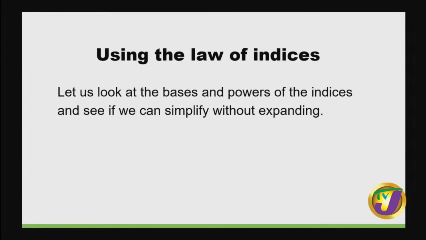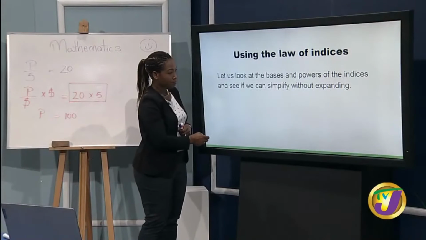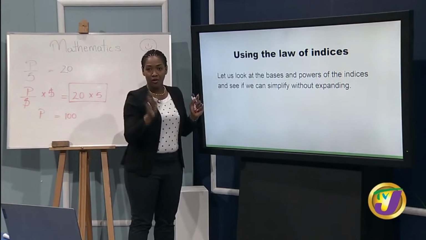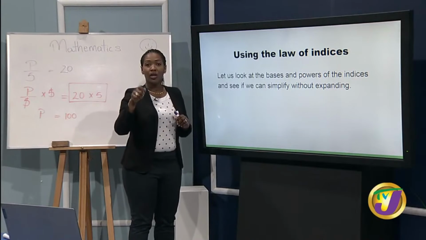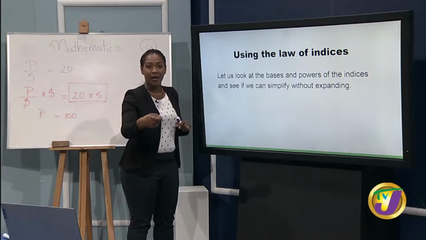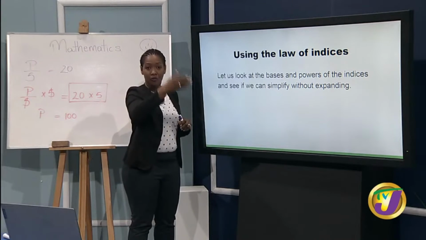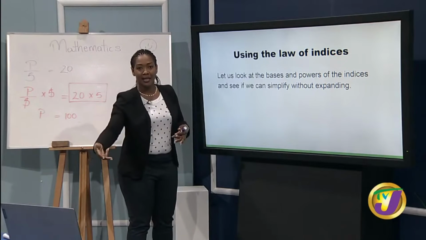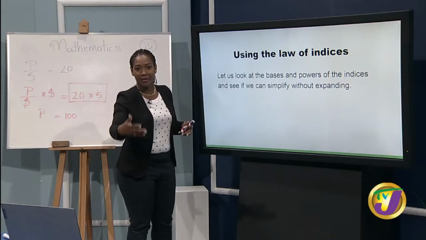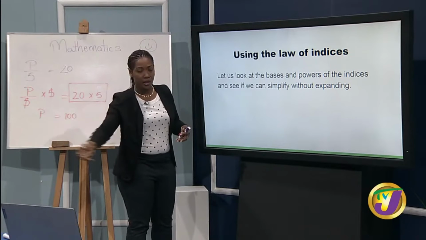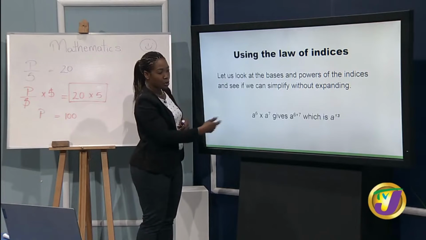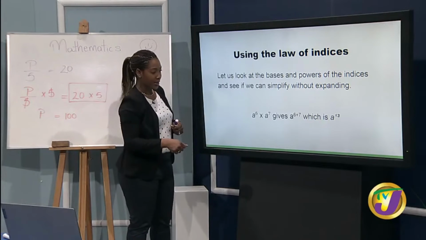All right, let's do some things. Let us look at the bases and powers of the indices and see if we can simplify without expanding. What we did a while ago, when I said D to the 4th power, we expanded it and wrote it out: D multiplied by D multiplied by D multiplied by D. So what we're being asked to do is to work this out without expanding.